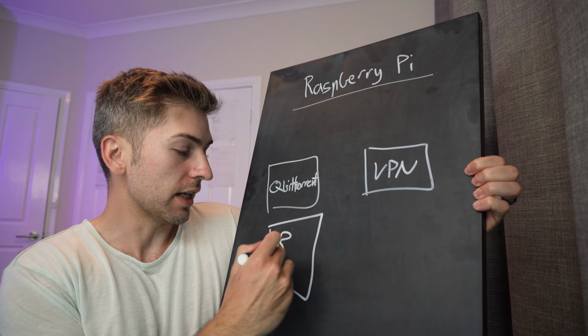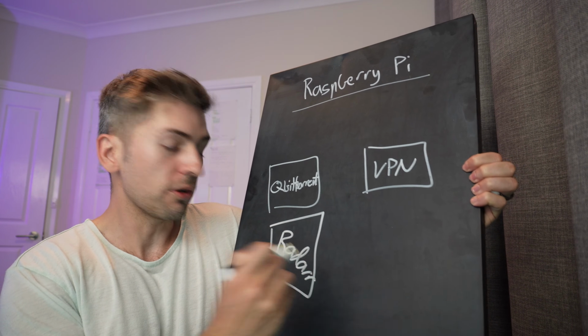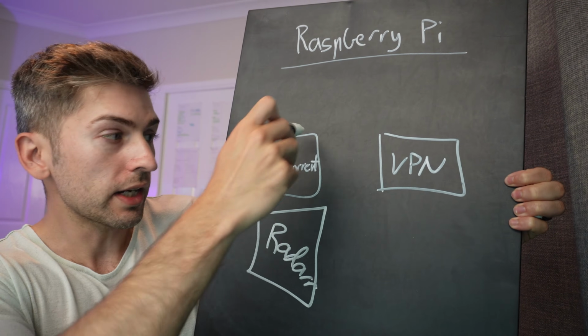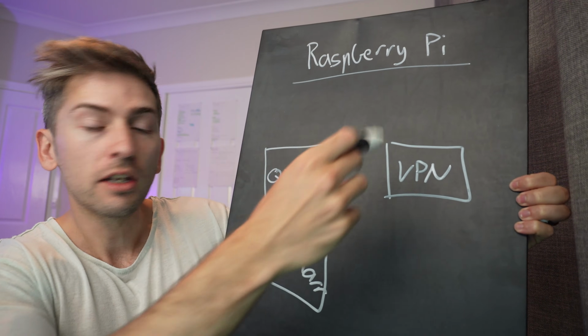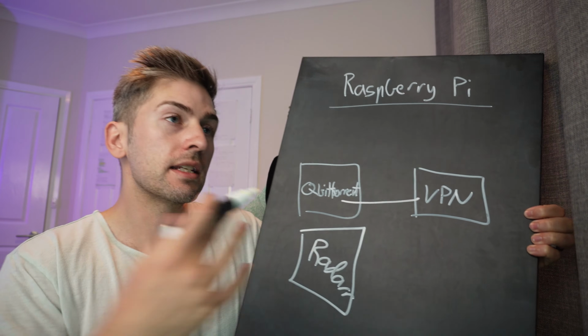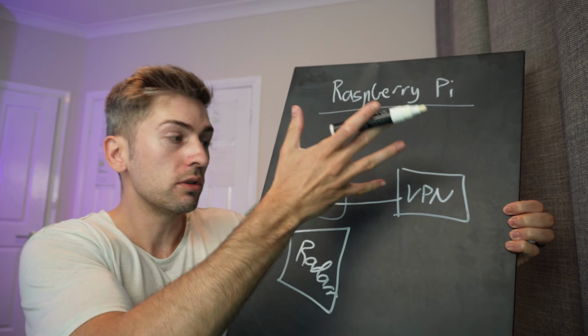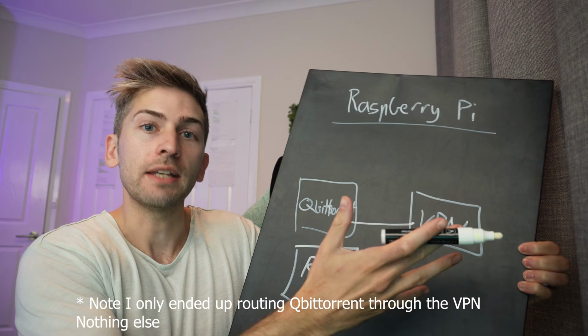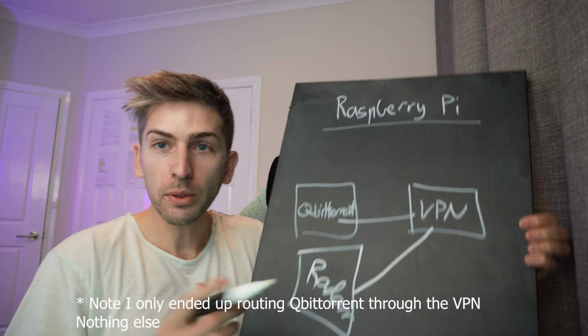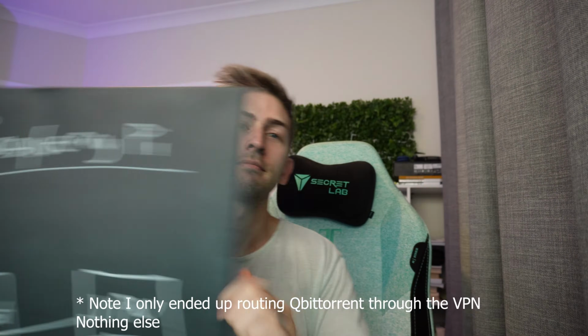We might do like Radarr and Sonarr and a bunch of other extra services, but we don't want these directly going out to the internet. We want to route the traffic through our VPN and basically force it to use our VPN network interface. And that's exactly what we're going to do in this tutorial so that we can stay protected online.